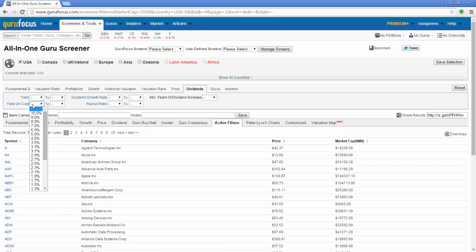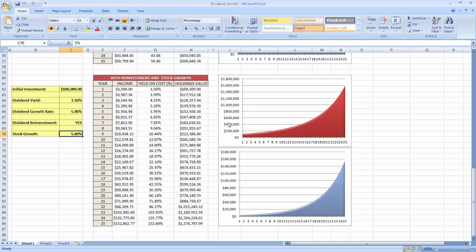It does have a yield on cost search feature. And what the yield on cost is, we saw in that Excel spreadsheet, right? We see how, in this example, as the value of those holdings increase, the dividend increases, your yield on cost increases. So 5 years in with this stock, we'd be yielding almost 6% on our $100,000 investment, right?